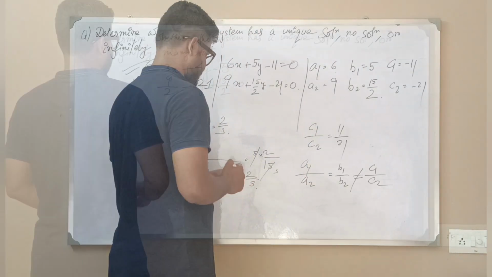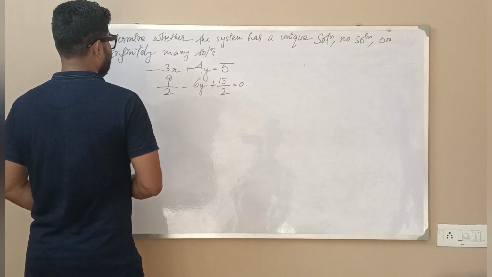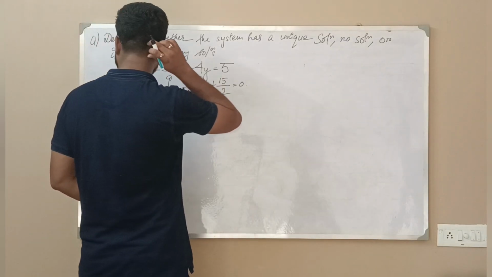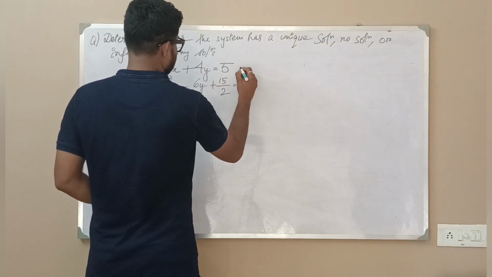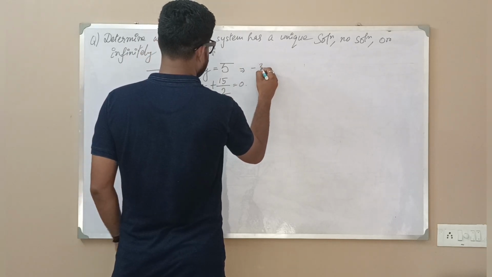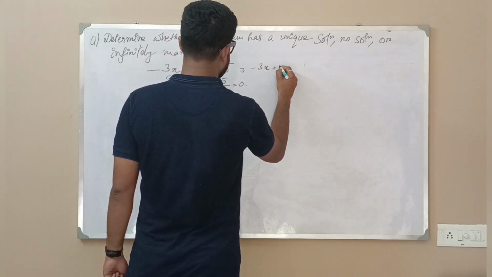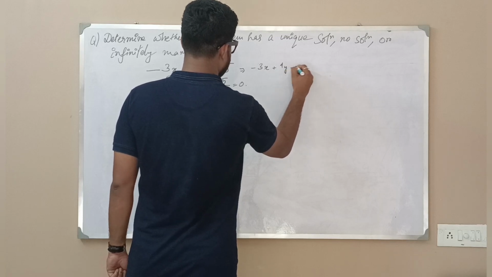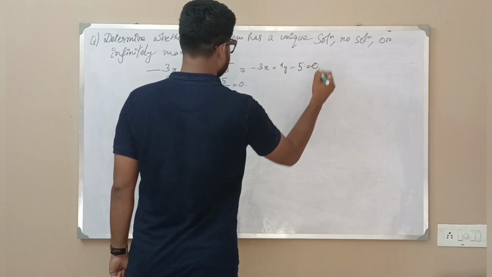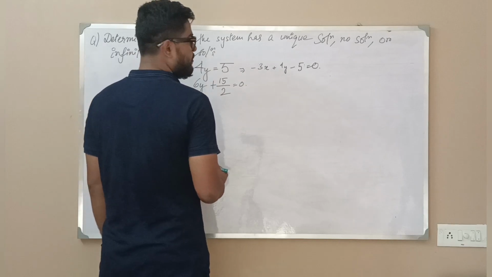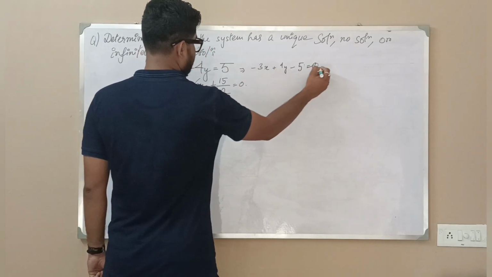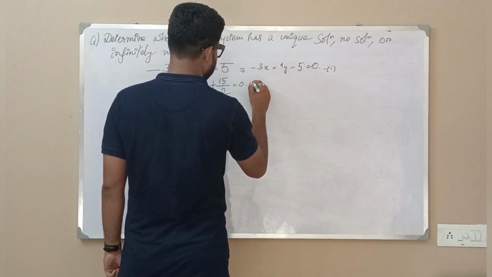This is the third one, minus 3x plus 4y equals to 5. So we can write it as minus 3x plus 4y minus 5 equals to 0. This is part number 1 and this is number 2.